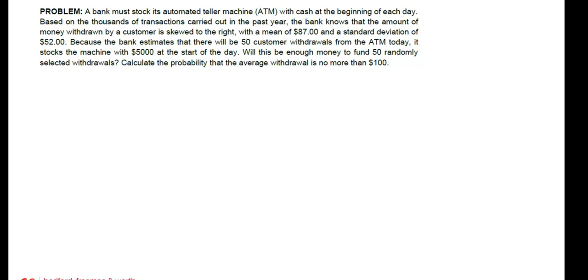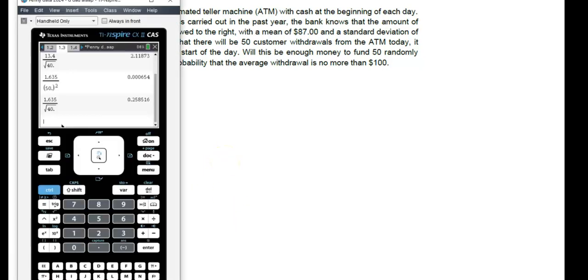So 50 customers is less than, I don't know what the time period was, it's less than 10% of all the customers that are withdrawing for the day, I guess. The standard deviation would be 52 divided by square root of 50, because it's means.